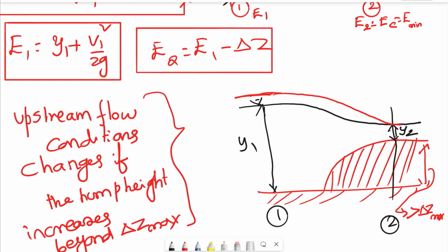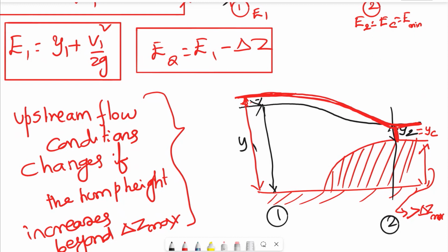But here it will not change. Y1 will increase, but Y2 will be equal to YC only. The depth cannot go down below YC. Here the depth remains constant. Only the upstream depth condition changes.